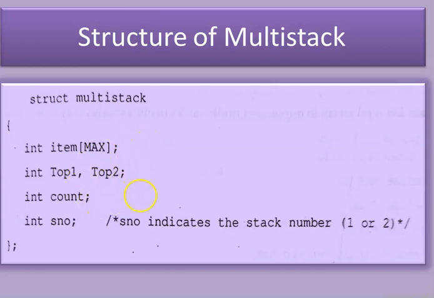And when we are treating two stacks, we should have two top positions. Let it be top 1 and top 2. And count will be the total number of elements present in the left side of the array as well as the right side of the array.